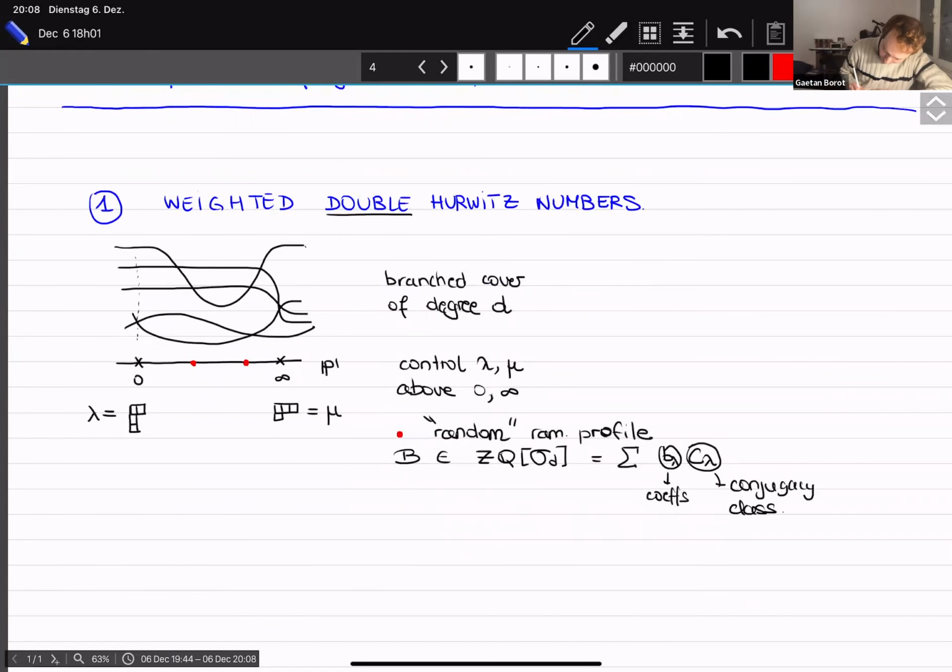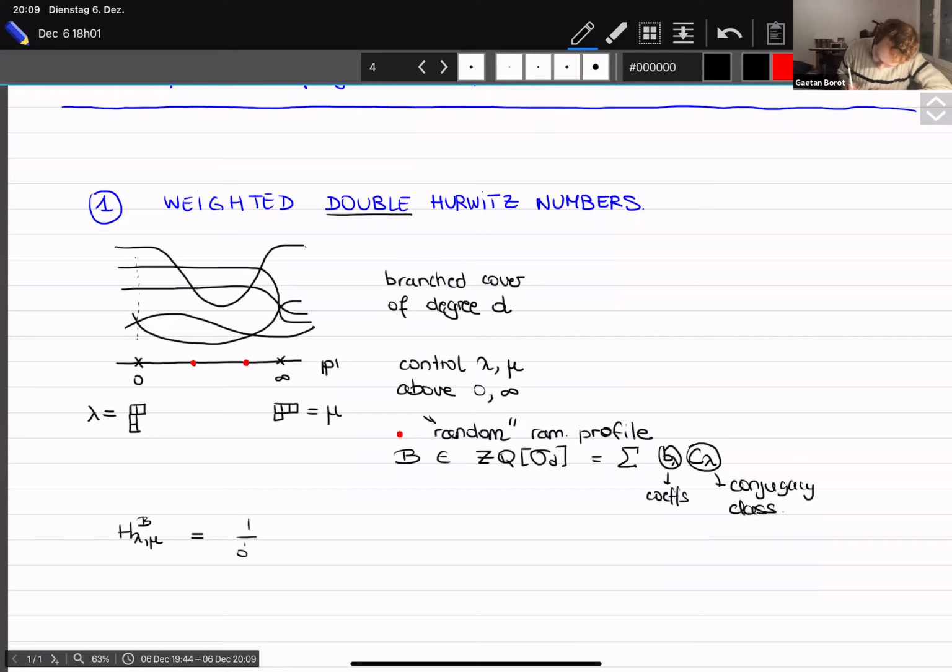And if you want to count the number of branch covers with that type of ramification data, so this is something that goes back to Hurwitz, I'm going to call this number of such branch covers H_{lambda,mu,B}. You can express it in terms of representation theory of the symmetric group.